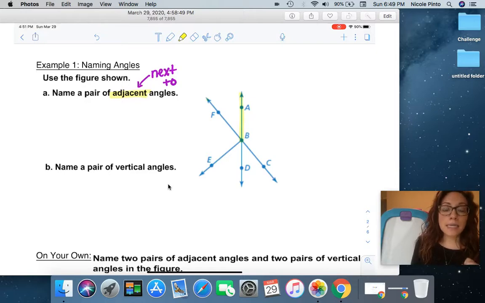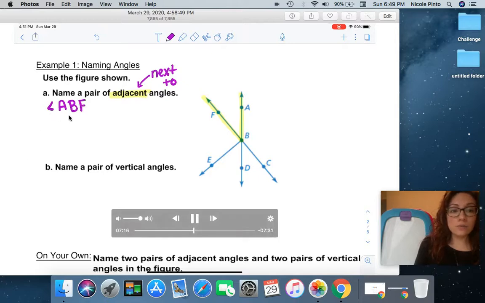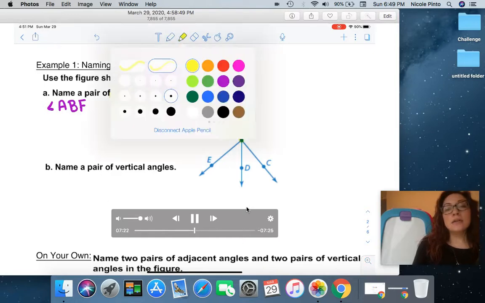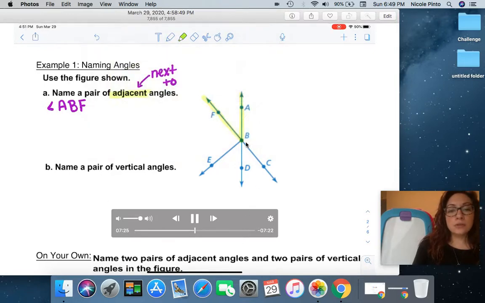So I'm going to highlight this first one, angle ABF, okay? And you're going to notice, ahí estoy incluyendo ese símbolo que se significa ángulo, this one right here, okay? ABF. Then, I just put the letters in order. The second angle, al lado de ese, FBE.